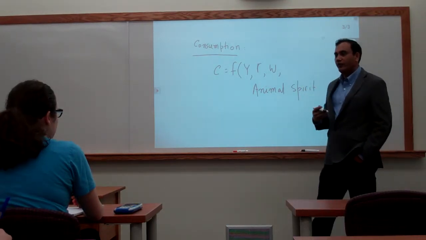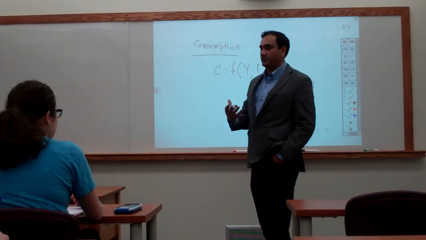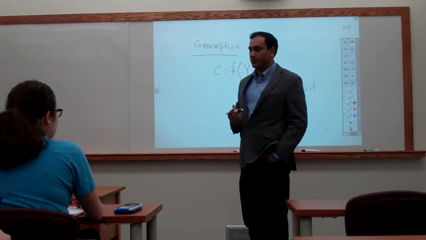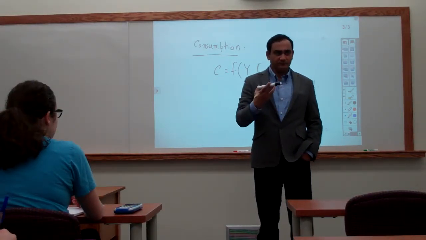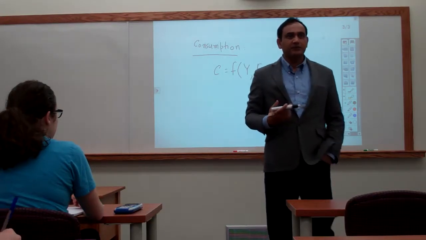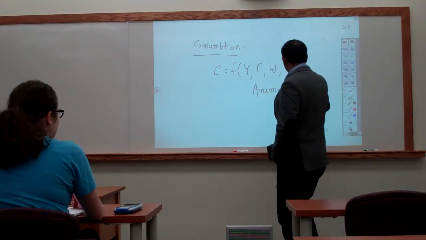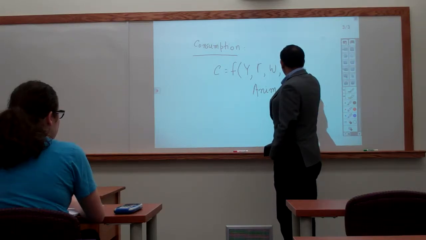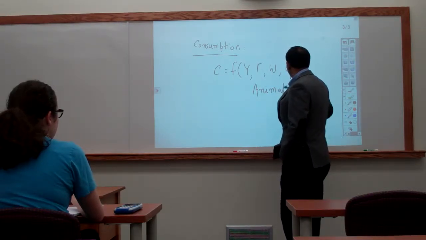Basically, it refers to the wave of pessimism and optimism that prevails in an economy. Okay, and he called it animal spirit. So let's use theta to denote animal spirit.